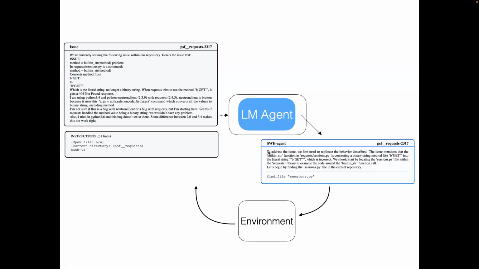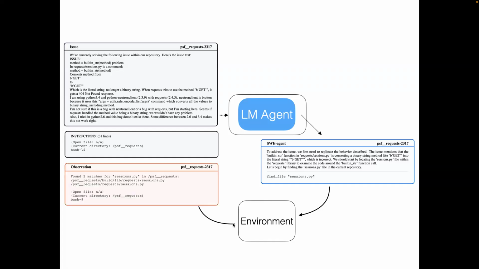Here, the agent says, to address this issue, we first need to blah, blah, blah. So this is a kind of chain of thought. Then it outputs its action: find file sessions.py. Then the environment will come back, retrieve sessions.py, format it, and now the agent can take its next action.